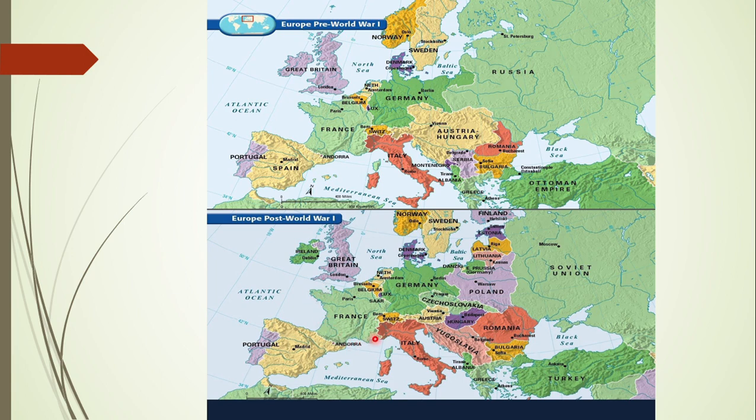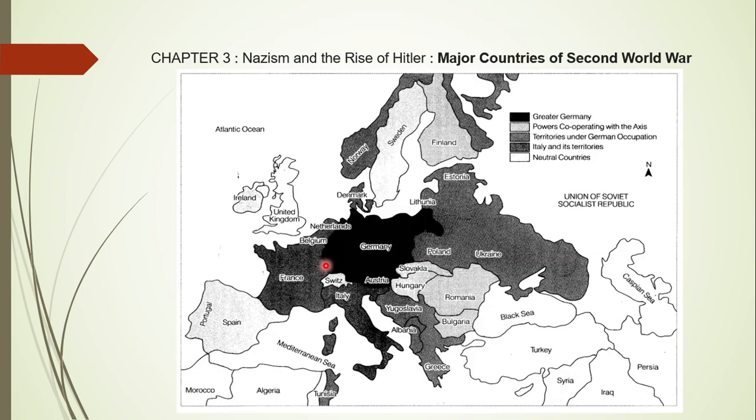Similarly, France is shown there and Great Britain is also there. Then comes Nazism and the rise of Hitler and the major countries of the Second World War. We find Germany again, because they are the Axis power, and if we are talking about Axis power, then we must know where Germany is.